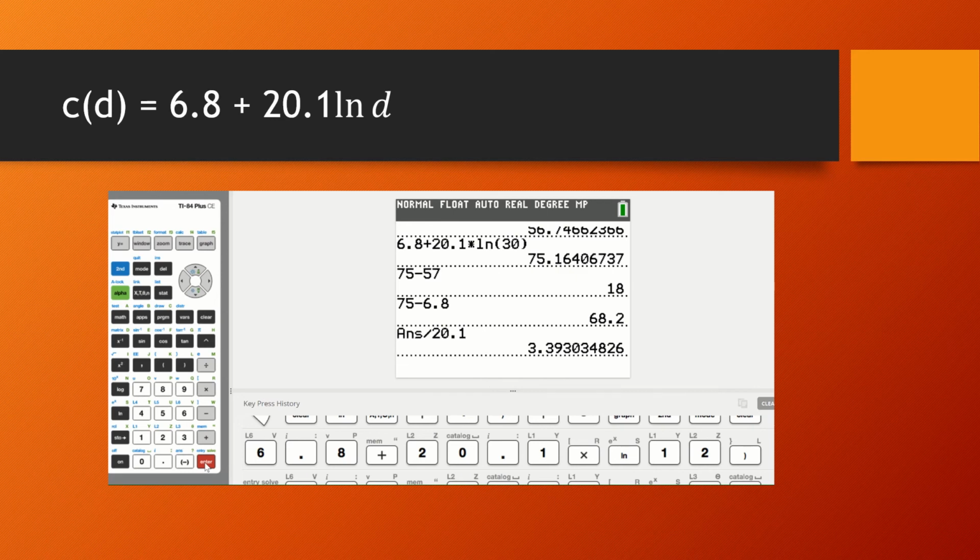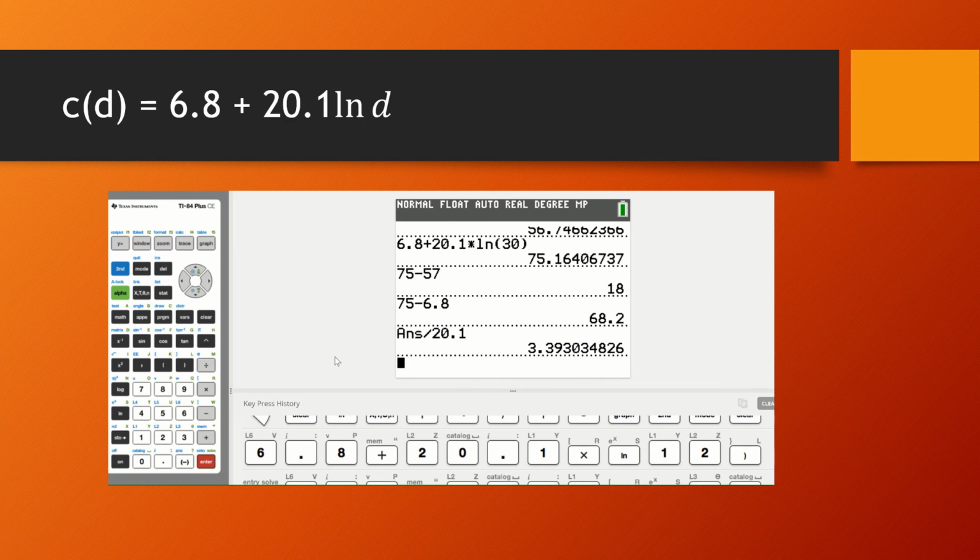Now, I'm left there with ln of D. But remember now, this is a logarithm, and so it's the inverse of an exponential. And so its inverse would be the natural base e raised to this power of 3.393.